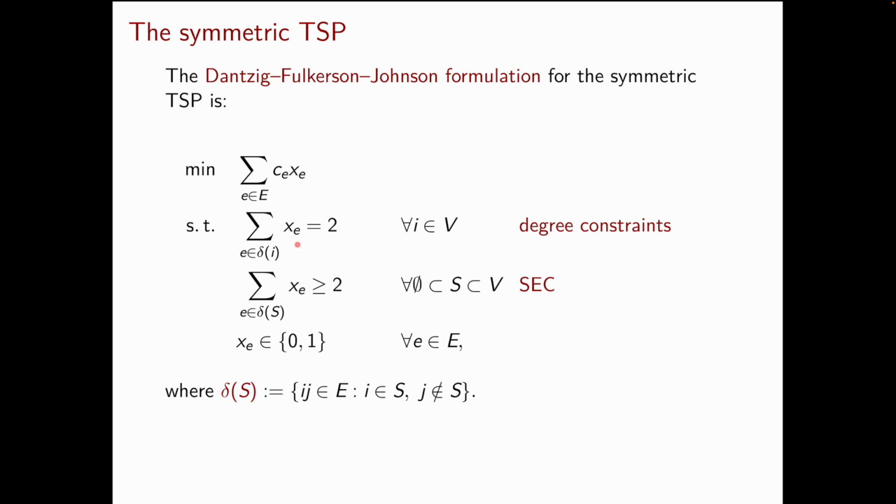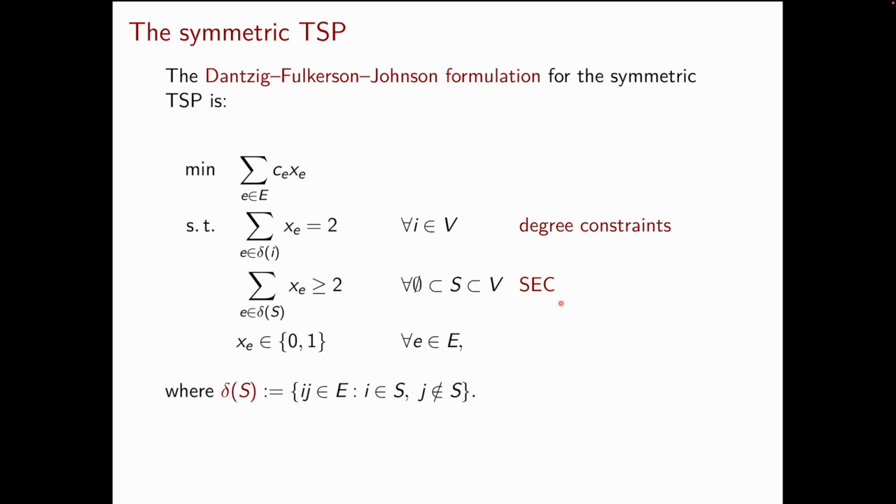So what we write instead is that for every node i, there are precisely 2 edges in the tour touching it. We can write this as the sum of the x_e for every e in delta of i equal to 2, where delta of i is defined as the set of edges that contain node i.